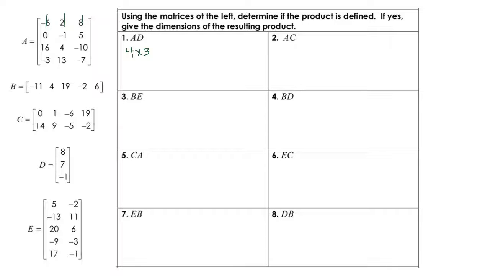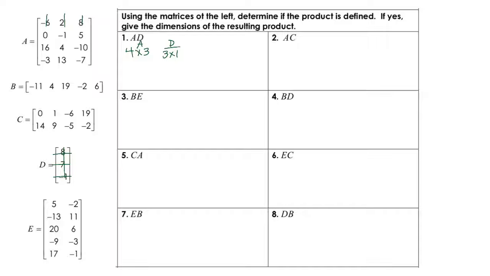And matrix D has 1, 2, 3 rows and how many columns? 1. So that's a 3 by 1.